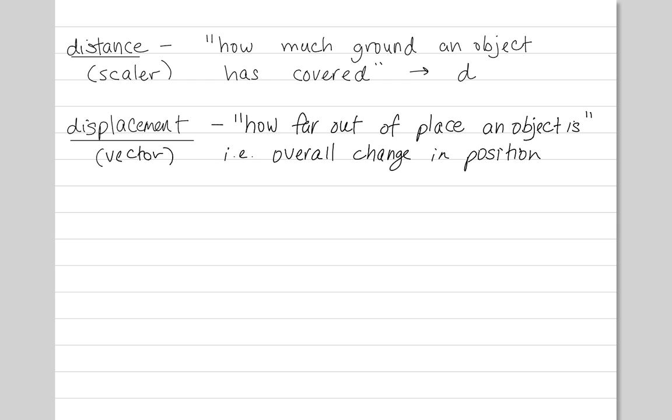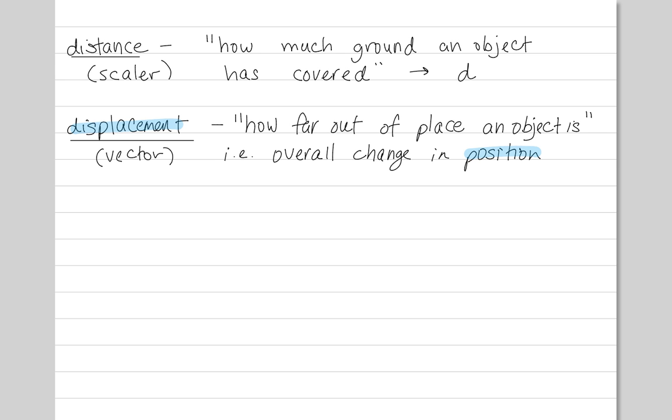So often you have this commonality in the language. If people use the word displacement, they can also use the word position. Okay, so those are interchangeable. So we have these things called position time graphs, and it's just a displacement time graph.